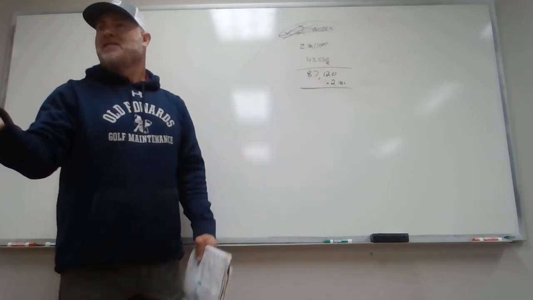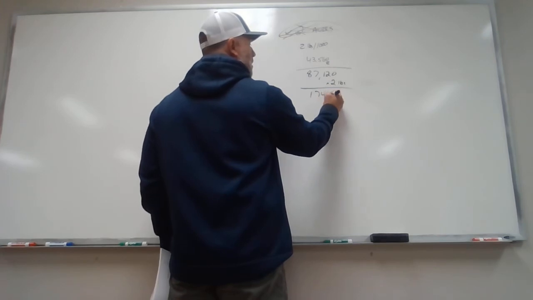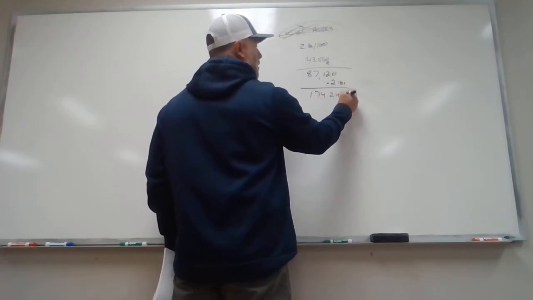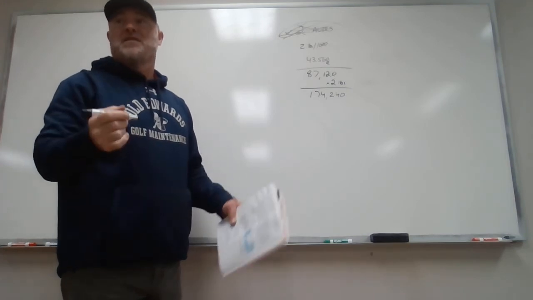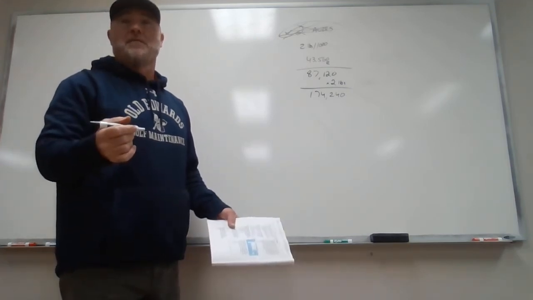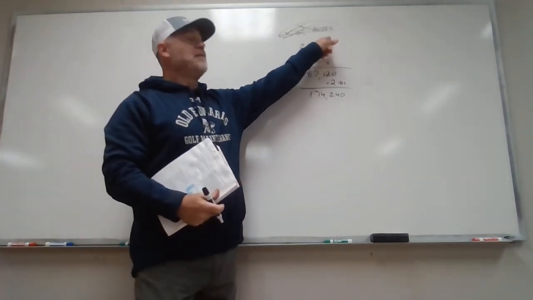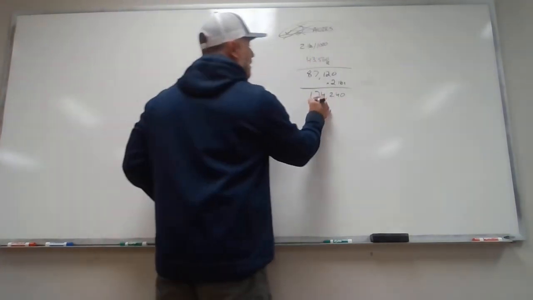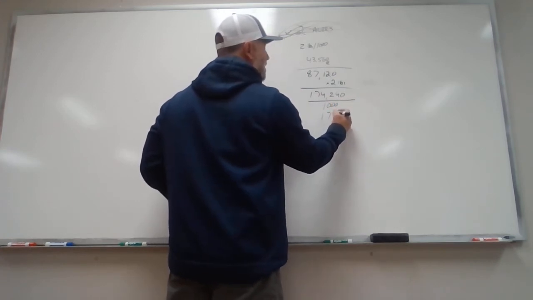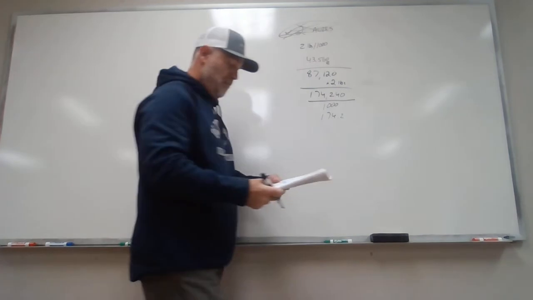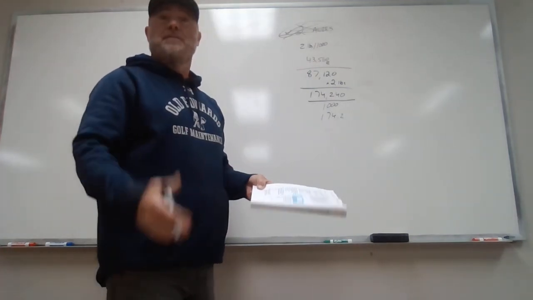That gives us 174,240. We have one more step. What do we work in this business? Square feet. Divide by 1,000, 174.2. It says round to the nearest pound, so 174.